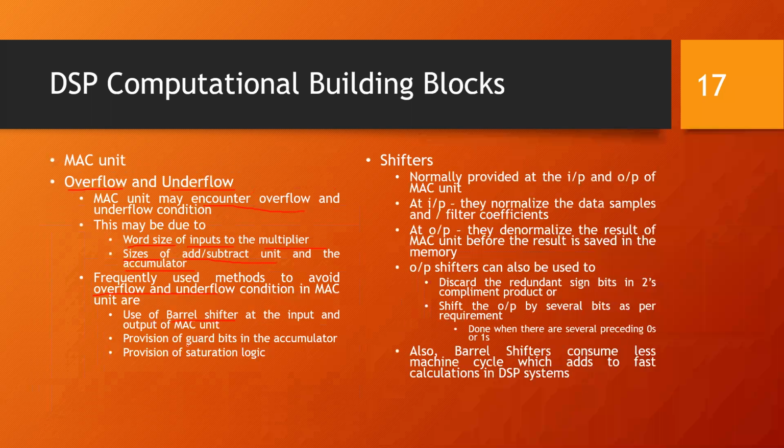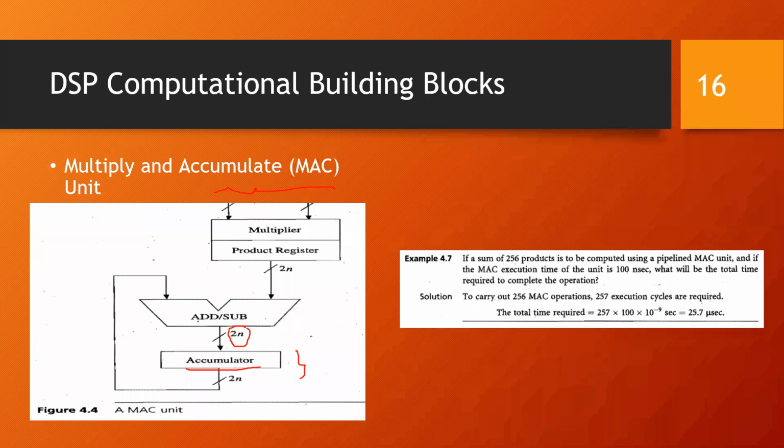Apart from that, we have a specification termed guard bits, which are provided in the accumulator. If you look at the accumulator, what is it taking in? It is taking in the addition of 2n-bit numbers. If n-bit numbers are multiplied, the maximum size we can obtain is 2n.